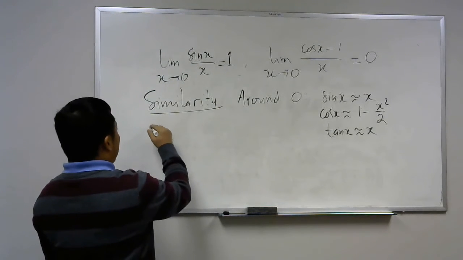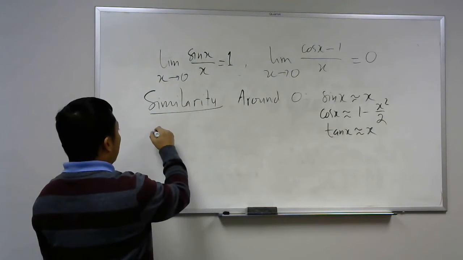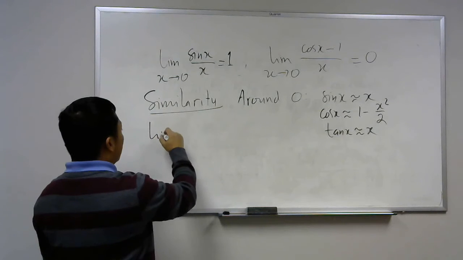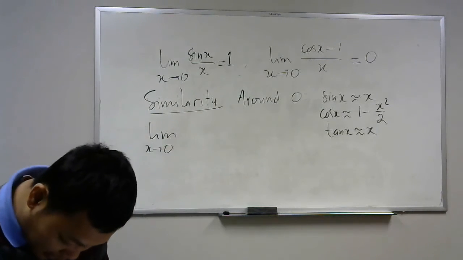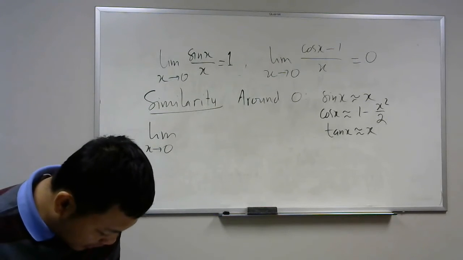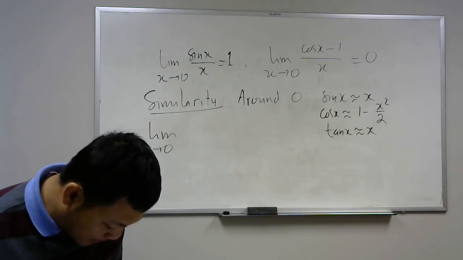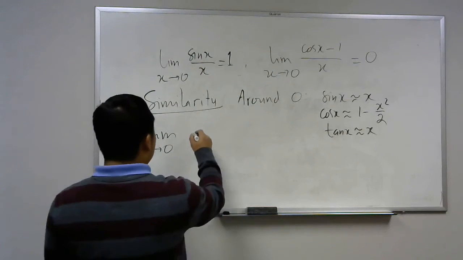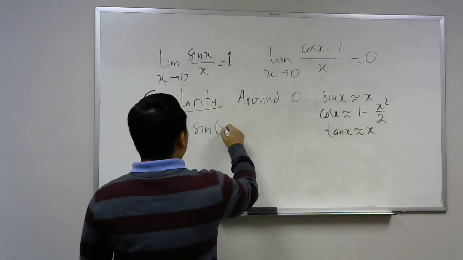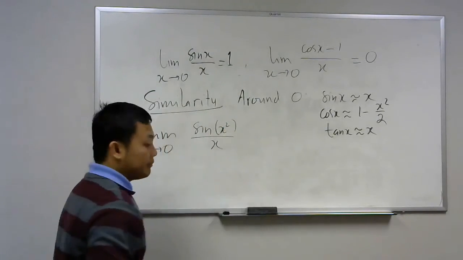So for example, I need to consider the following limit, when x goes to 0, of sine of x squared over x, right?